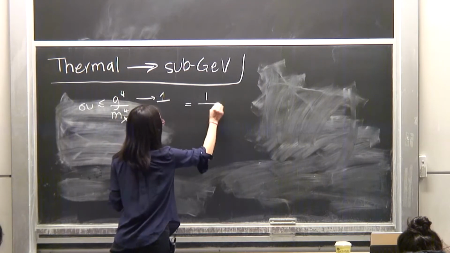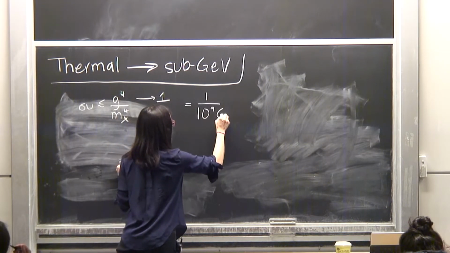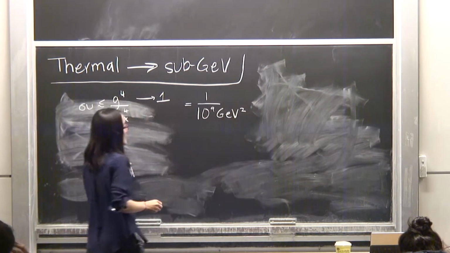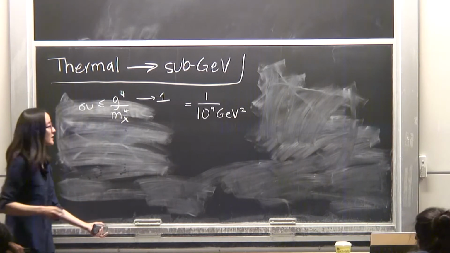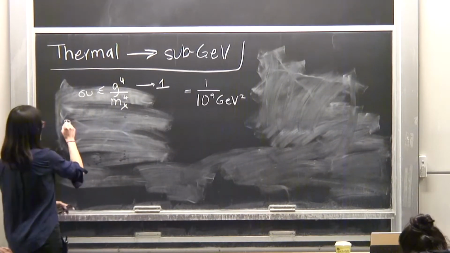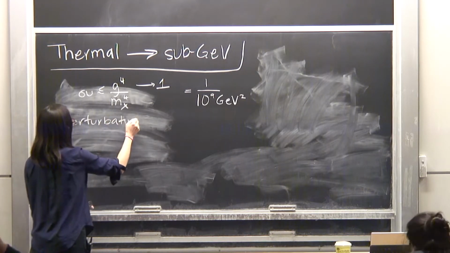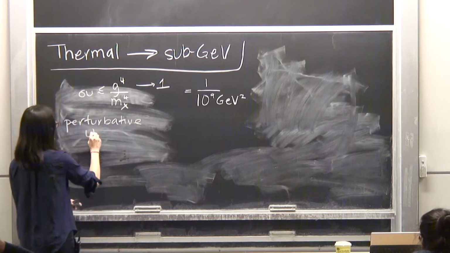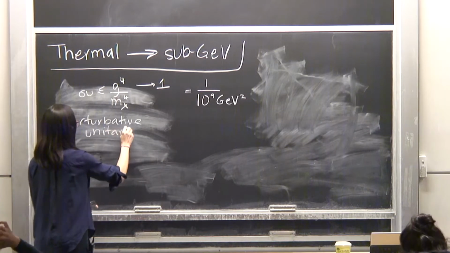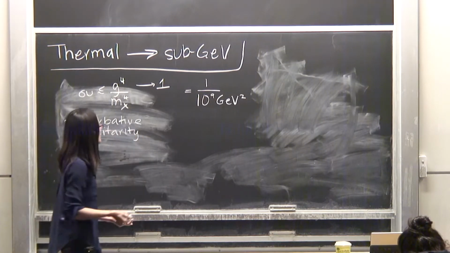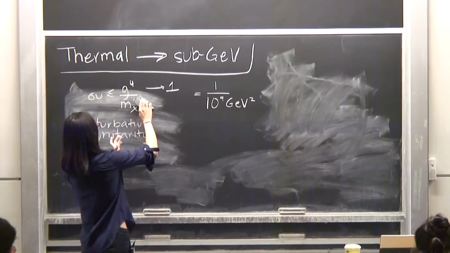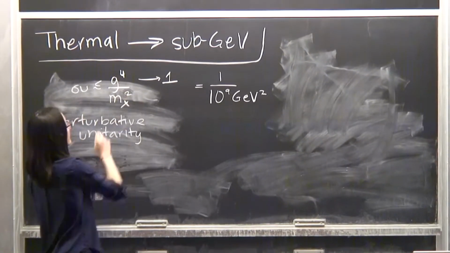And if I set this equal to 1 over 10 to the 9 GeV squared, that gives the perturbative unitarity bound we talked about yesterday. So this is the Griest-Kamionkowski bound for S-wave annihilation. Sorry, this is m_X squared.